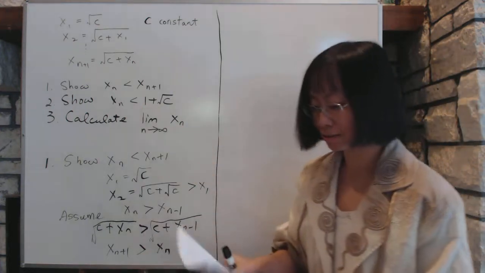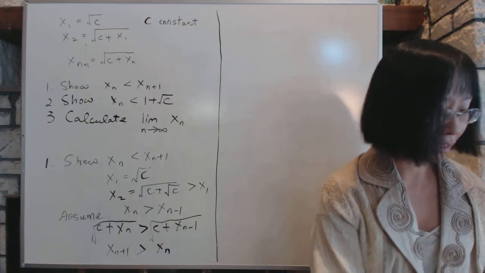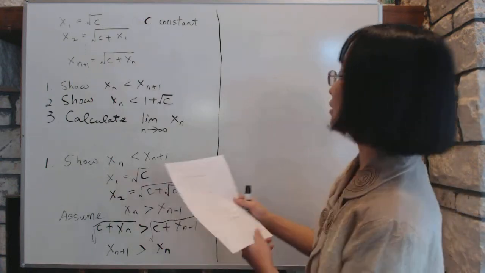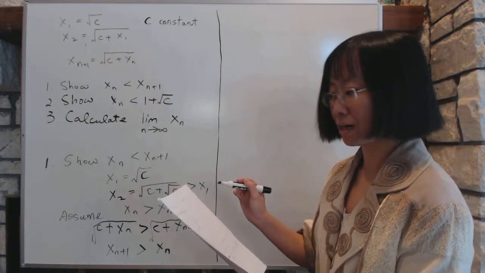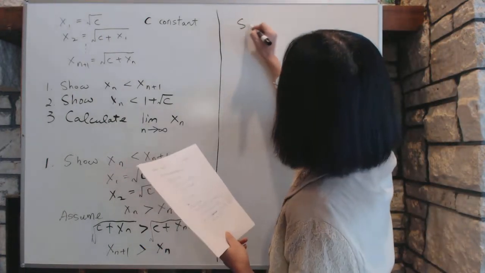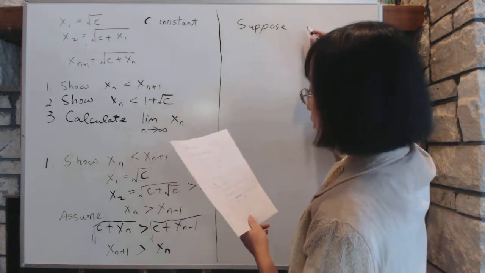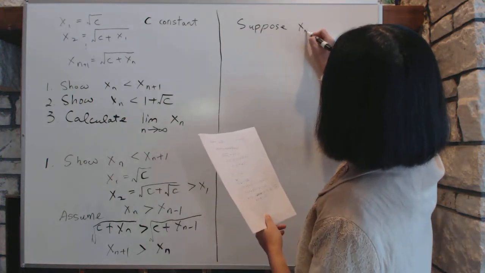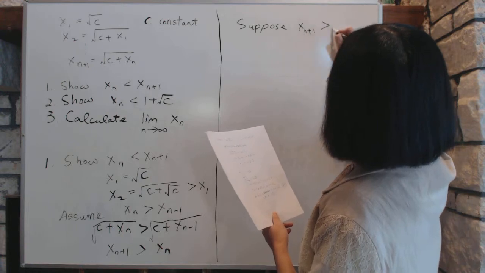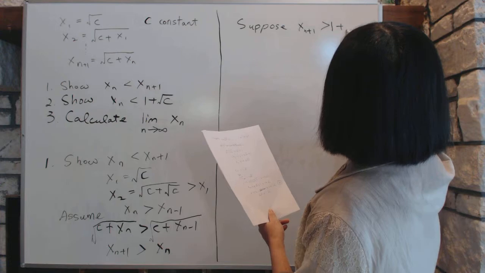To show that the sequence is bounded by a fixed number, we assume that it is not, and then prove a contradiction. So suppose that it is not bounded, so that xn plus 1 is bigger than 1 plus square root of c.